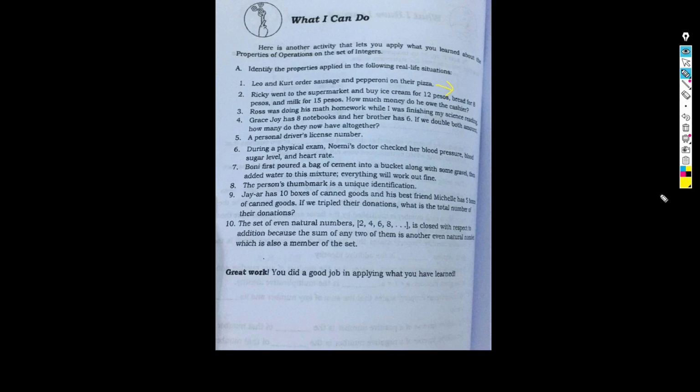It is a new pizza, right? A pizza plus sausage and pepperoni will become another type of pizza. We use the closure property.